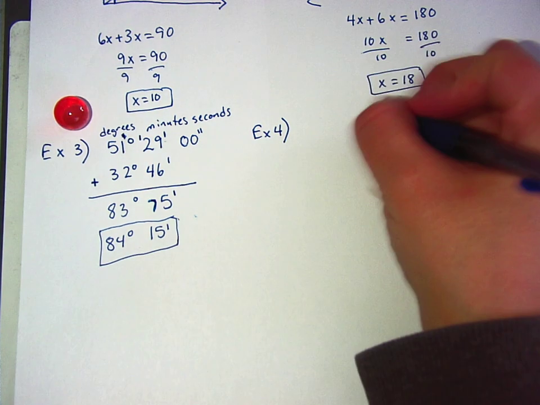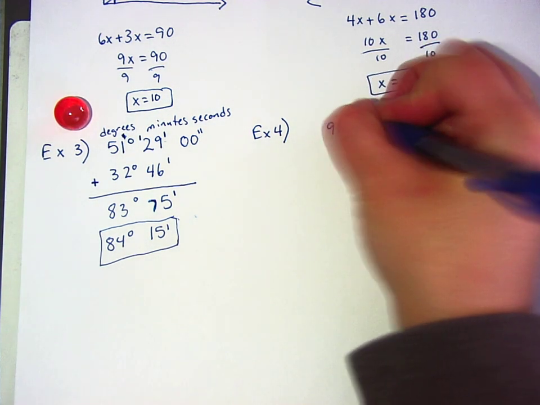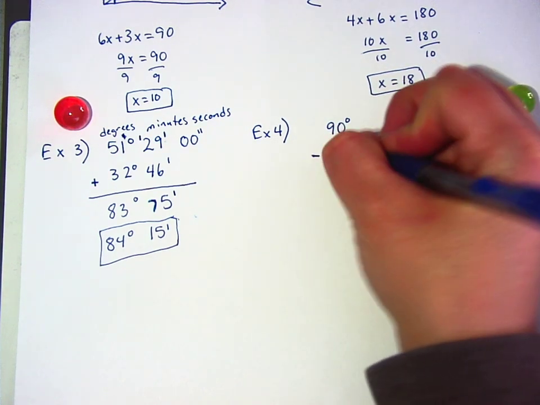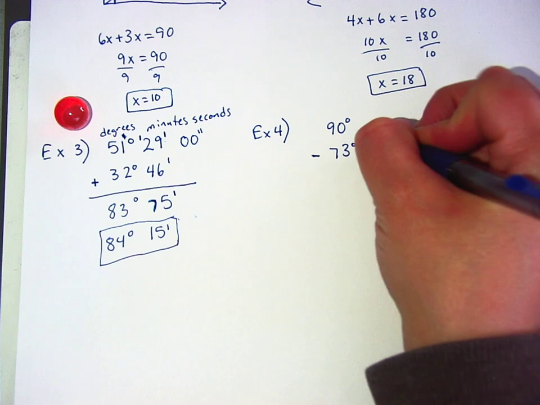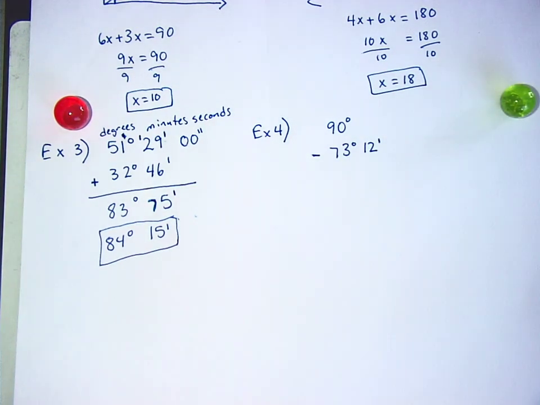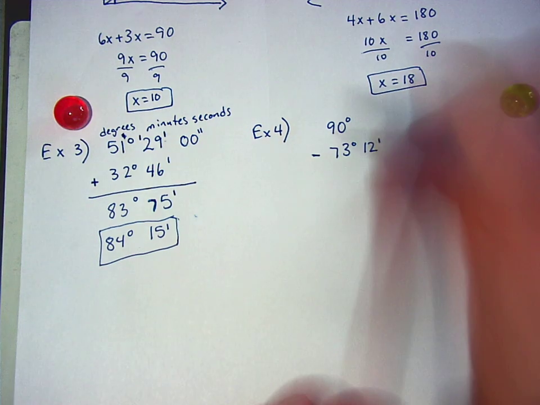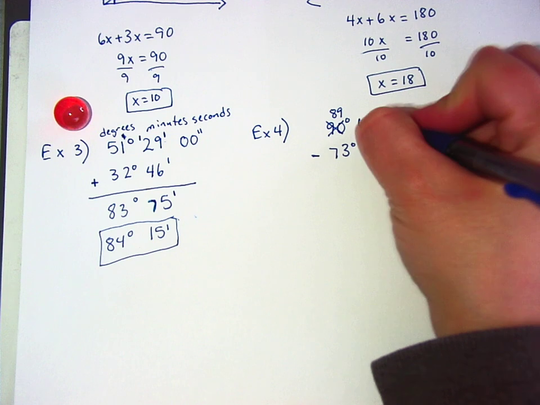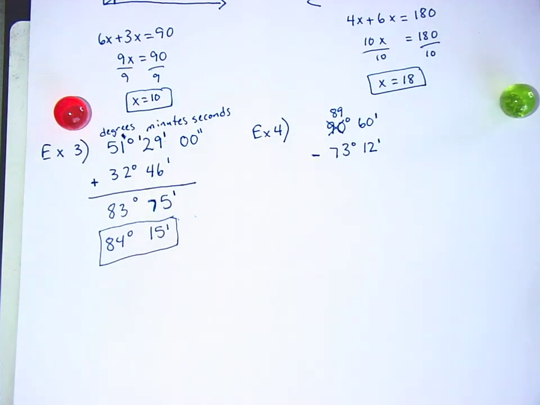All right, let's try again. This time we've got 90 degrees minus 73 degrees and 12 minutes. All right, what's the idea behind this one? You have to borrow from the 90 to become 89 and 60. Okay, so now I've got 89 degrees and 60 minutes. That makes sense because that adds up to 90 degrees.